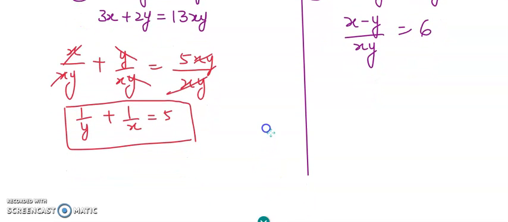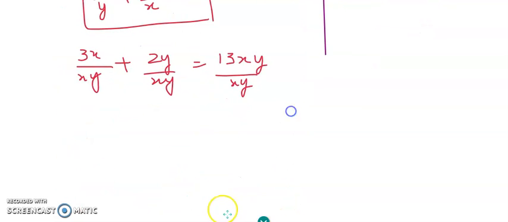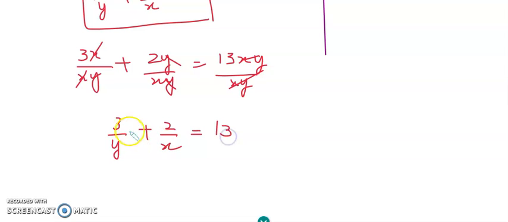Right? The next equation is 3x upon xy plus 2y upon xy equals 13xy upon xy. So what will happen? The x cancels, the y cancels, the xy cancels.